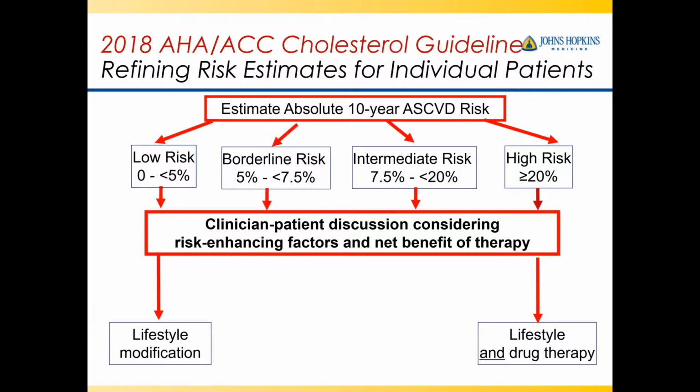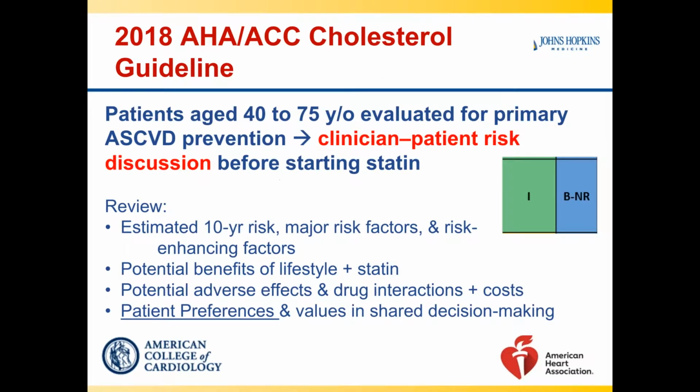And in addition, as I'll show you, there was certainly more emphasis on personalization of risk using additional factors. So again, the clinician-patient risk discussion is a class 1 recommendation that we should be having these conversations with our patients about their 10-year risk, their risk factors. There was a whole table about risk-enhancing factors that modify risk, and this does include things like ApoB and kidney disease, CRP levels.